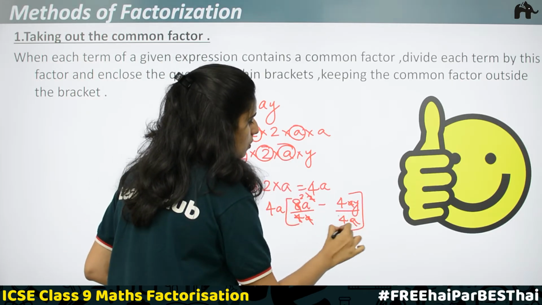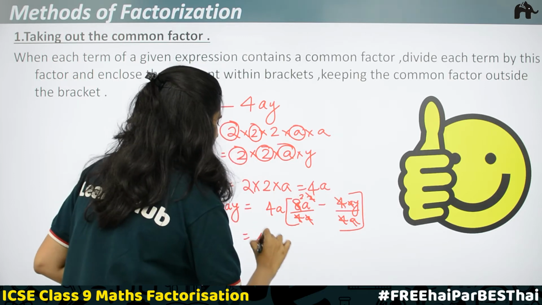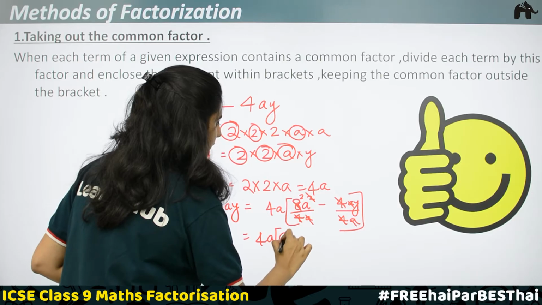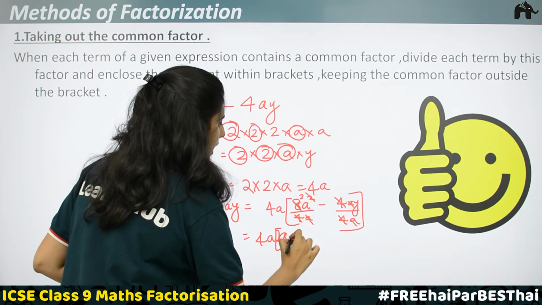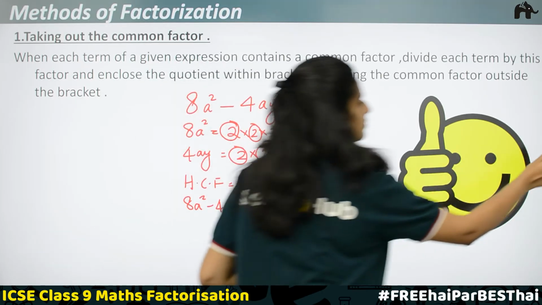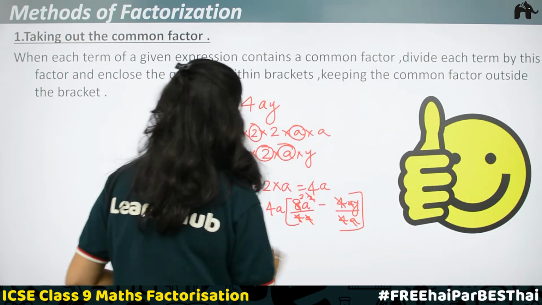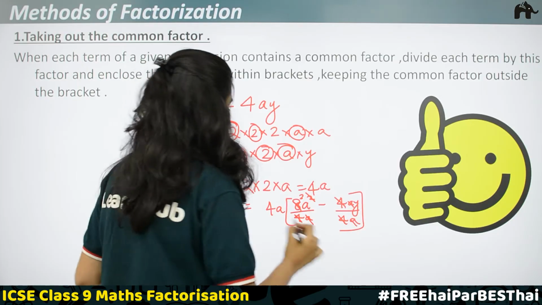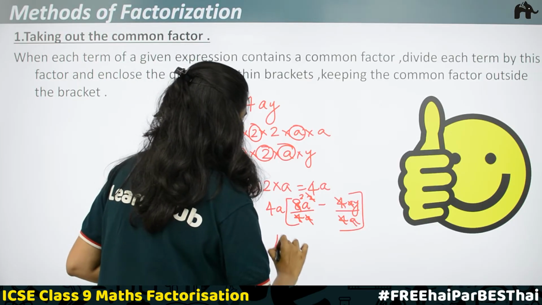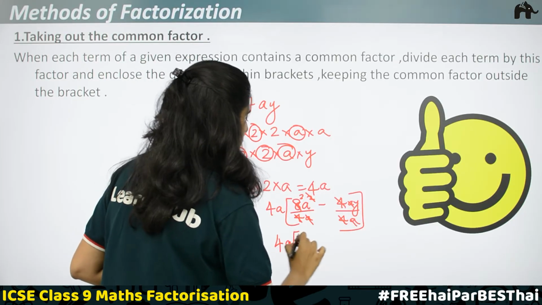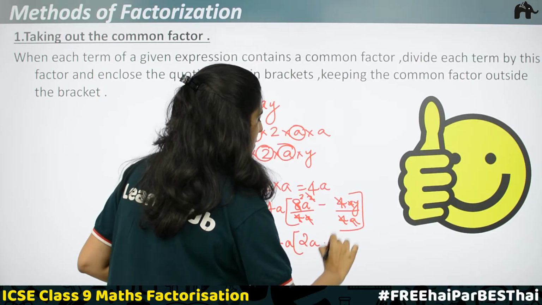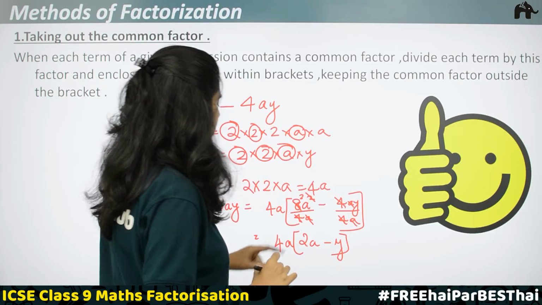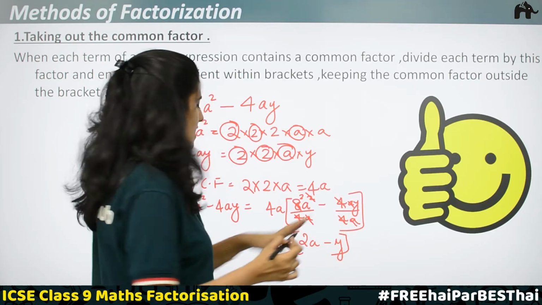A can be removed, 4 can be removed. Then we get 4a into 2a minus y. So 4a into 2a minus y is the answer.